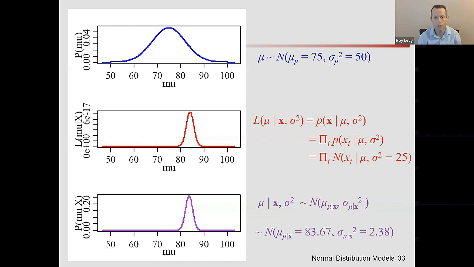There are measures that try to capture how much influence the prior is having, or how much conflict there seems to be between the prior and the data.